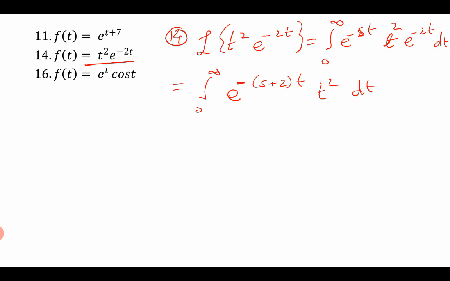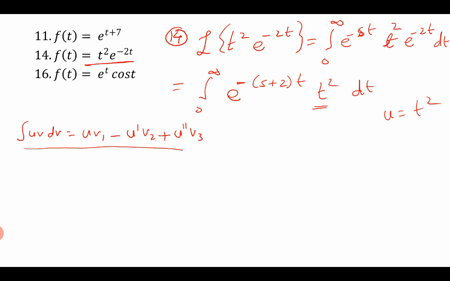Now again the integration by parts. I'm using the formula integral u v dt, which is u v1 minus u dash v2 plus u double dash v3. This formula is suitable when the choice of u is an algebraic function, right?